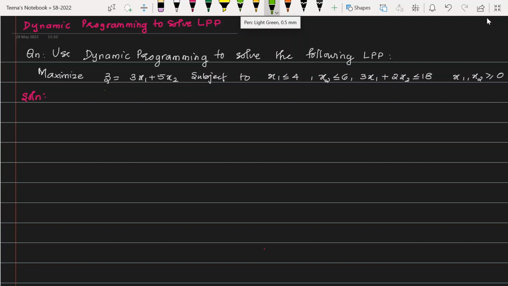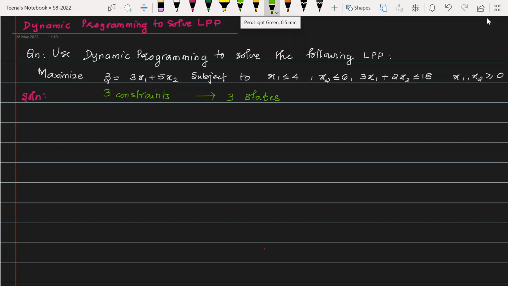So here you can see that there are three constraints, and hence we say that there are three states for this dynamic programming problem. You know that for a dynamic programming problem we need stages and states.